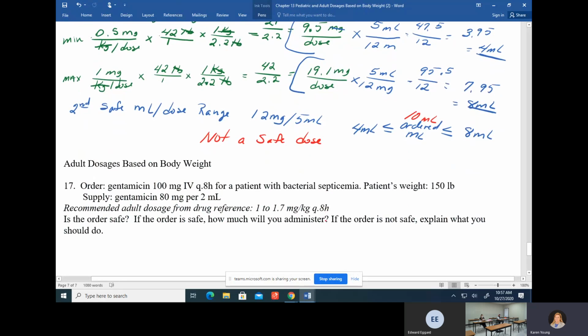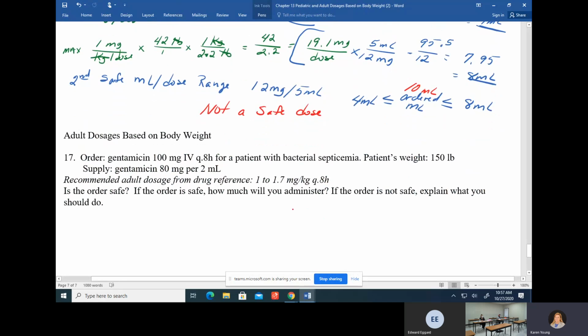All right, now I'm not going to work your work on that answer sheet. I'm not going to work out the adult dosage. It's the same way we do the pediatric, okay? It's the recommended dosage.